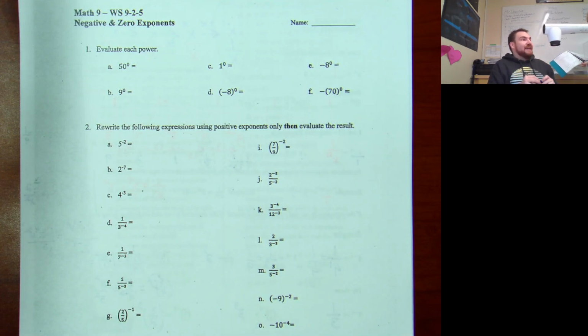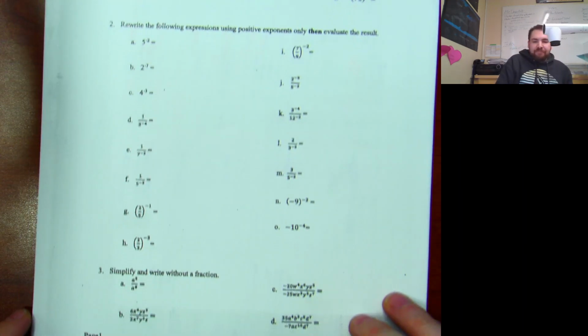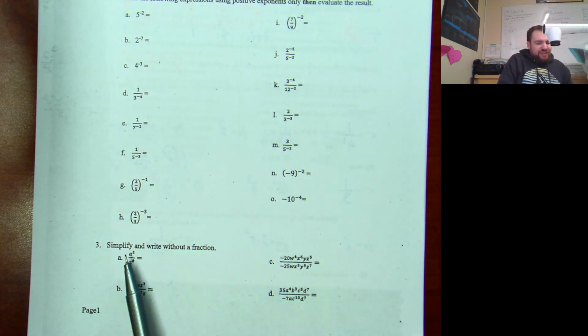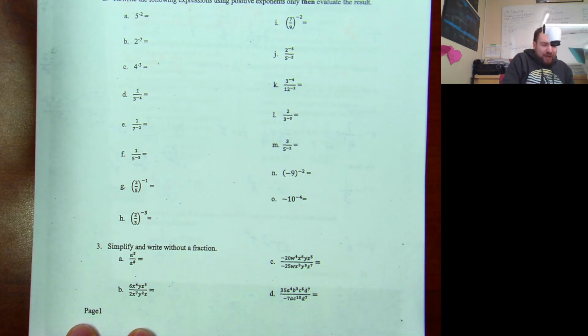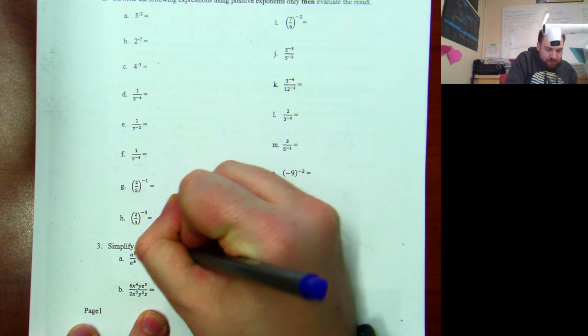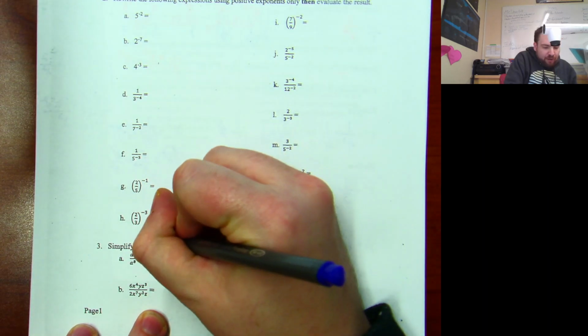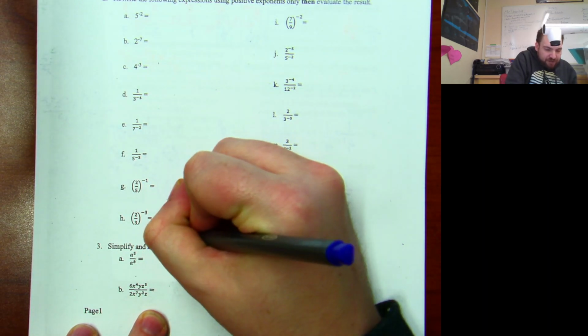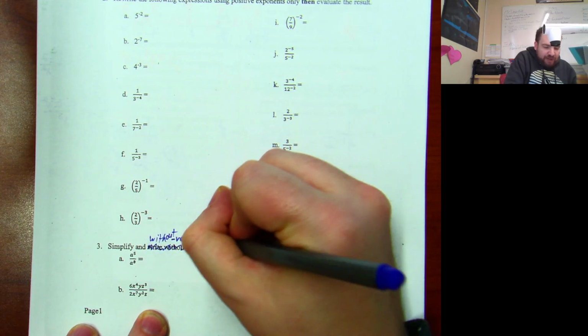Oh, guys, Carolyn has found a mistake in what I've written. Where it says, last one, I shouldn't say simplify and write without a fraction. I don't want you to write it without a fraction. I want without negative exponents.